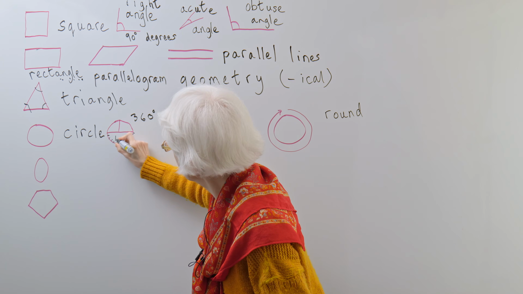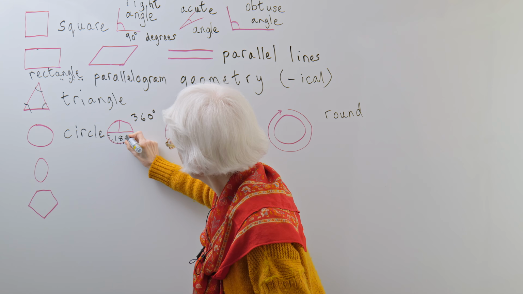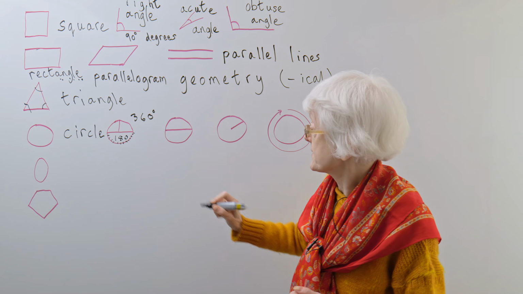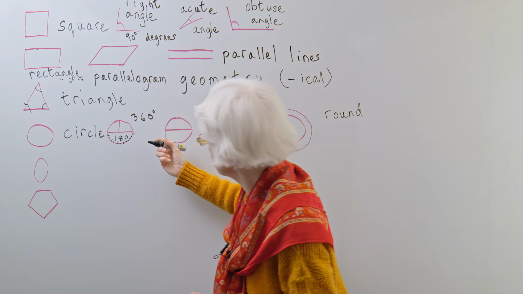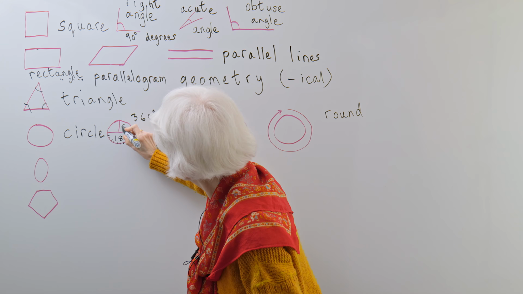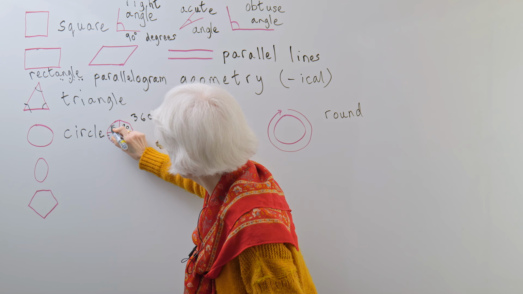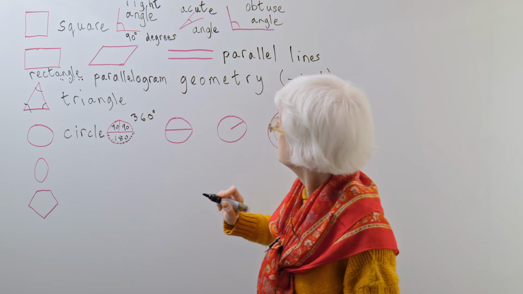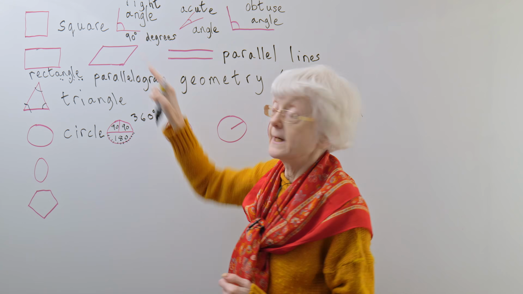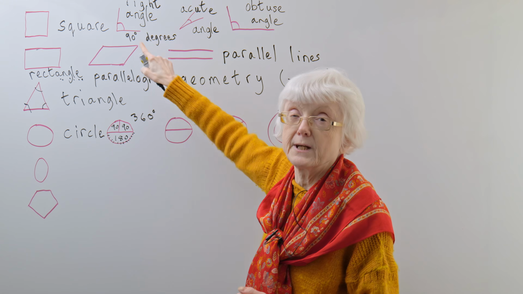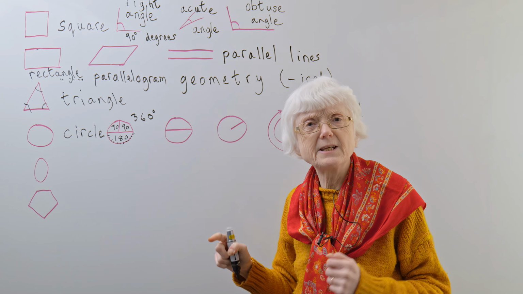So half of that, if you're thinking of half of a circle, that will be 180 degrees, okay? And then half of that will be 90, okay? That's why this right angle here is 90 degrees. You might have thought earlier, why 90?